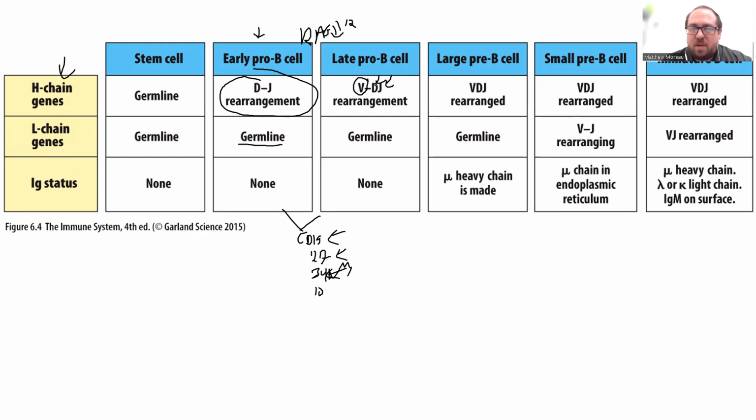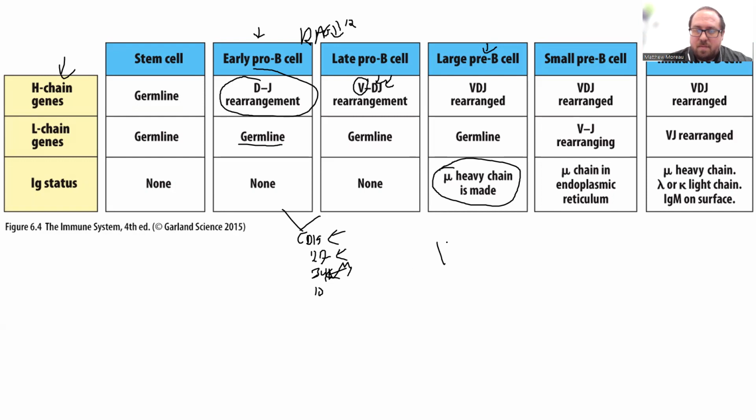Once VDJ recombination has occurred and you create a functional heavy chain for the B cell receptor, this is called a large pre-B cell, and you start to produce the mu chain of the immunoglobulin gene. So the VDJ component of the variable segment is then combined to the mu component, right?